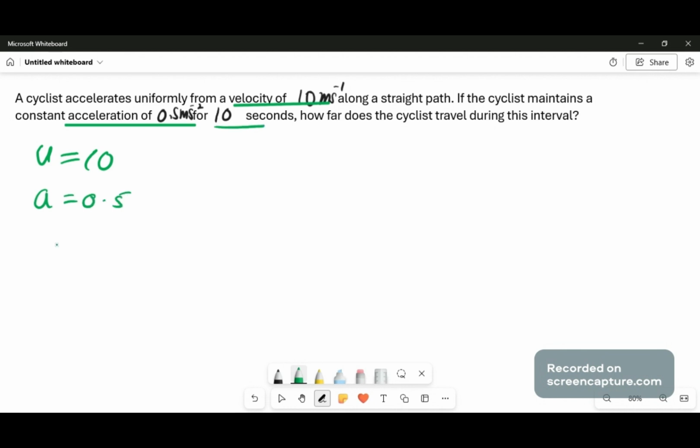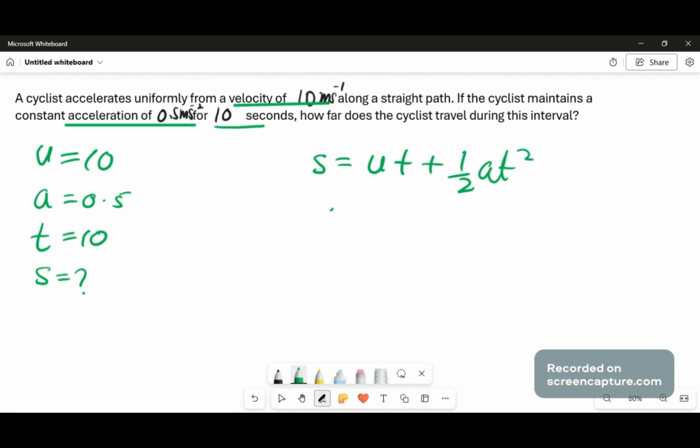Time is 10 seconds, and you have to find the displacement of this cyclist. So in the question they have given the values of u, a, and t. We have to find the value of s. So the most appropriate equation to find the answer is s equals ut plus half at squared.